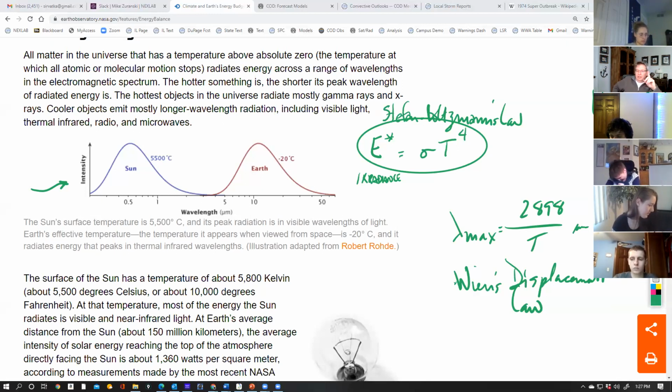Okay, now, what's a watt? You remember what a watt was, Isaac? Wasn't it a joule divided by a second? So joules per second. So when you have it per second or per time, what are you making it?